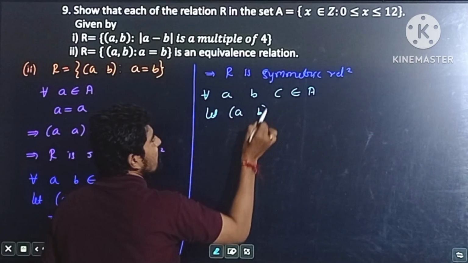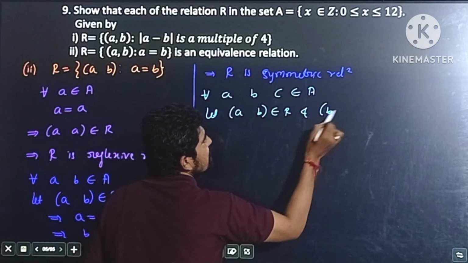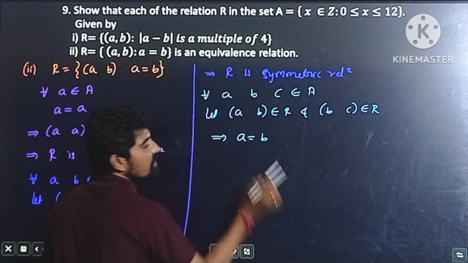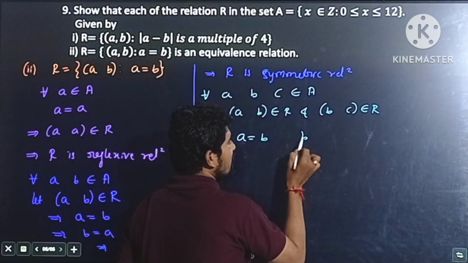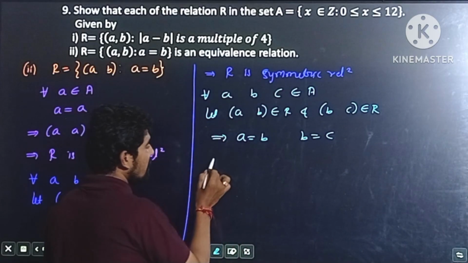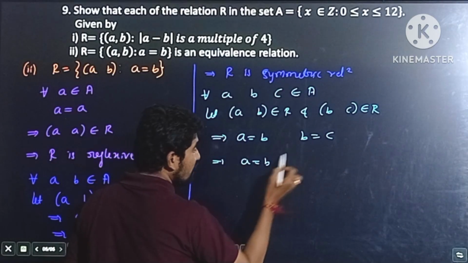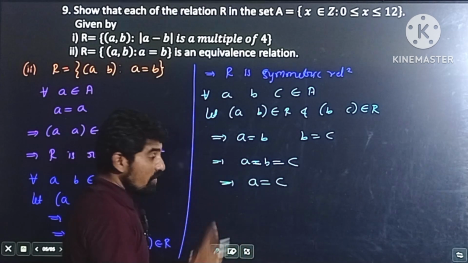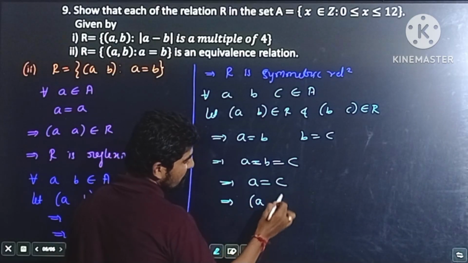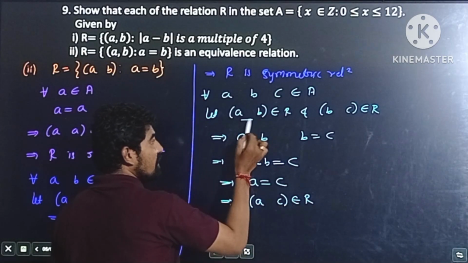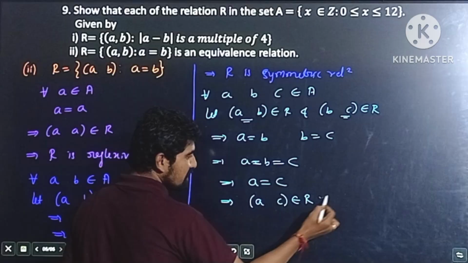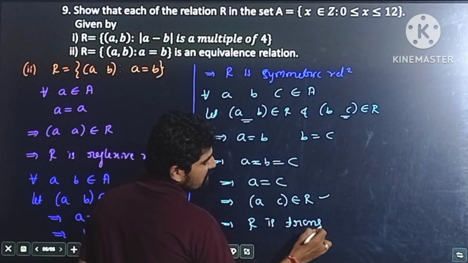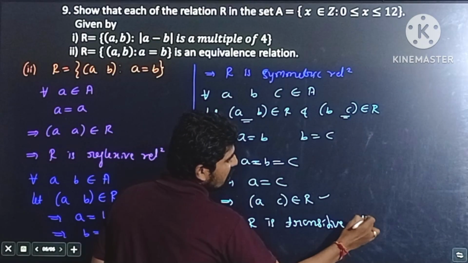Let the pair AB belong to R and BC belong to R. So since AB belongs to R, definitely A is equal to B. And BC belongs to R means B is equal to C. So observe here, A is equal to B and B is equal to C. It means A is equal to C. When A is equal to C, the pair AC belongs to relation R. So AB belongs to R, BC belongs to R, as well as AC belongs to R, which implies this relation R is a transitive relation.